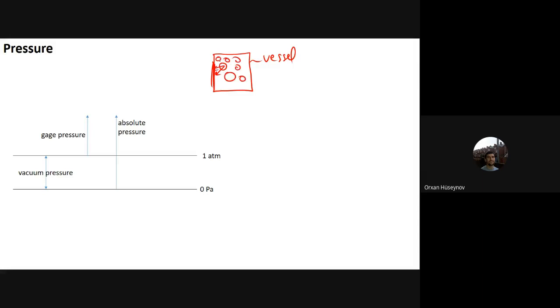These molecules are hitting the surface here. They have some momentum of mv, and that momentum is transferred into the wall, and those transferred momentums emerge as pressure. So as a result of these collisions with the wall, we have the pressure manifestation.